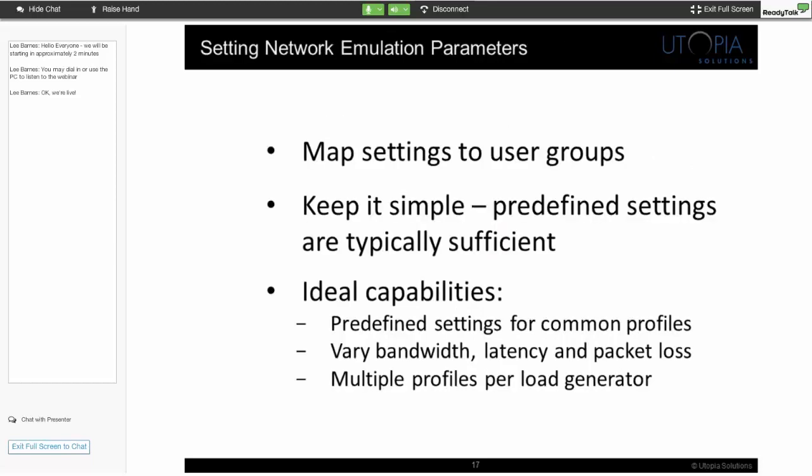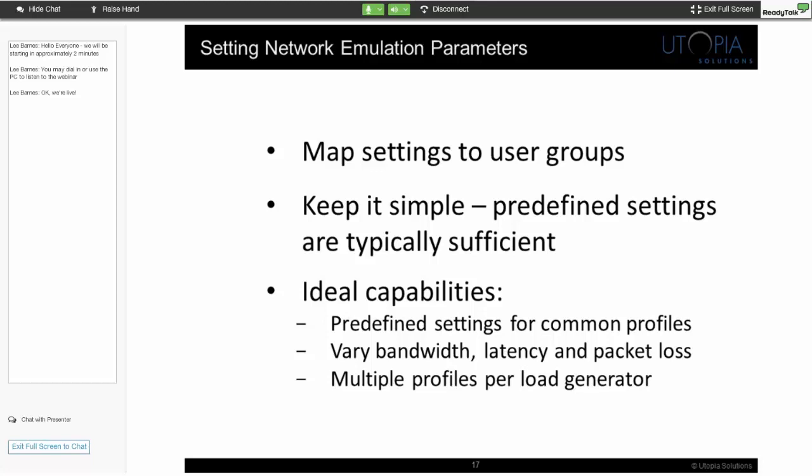Moving on to network emulation parameters. Again, we have different groups of users coming from different types of network conditions, and most tools will provide these capabilities. We want to map those settings to groups of users, so we can control large amounts of users who are coming over 3G or 4G or Wi-Fi or some type of degraded network condition.